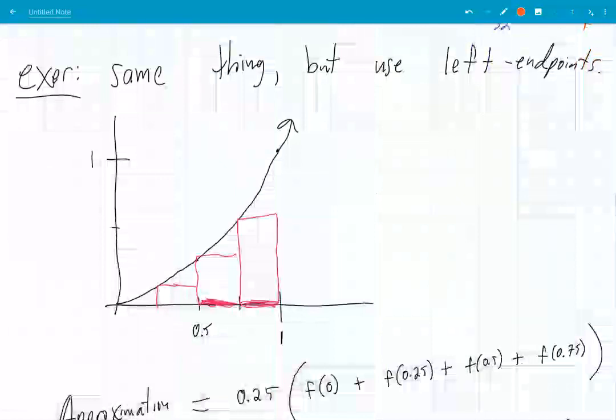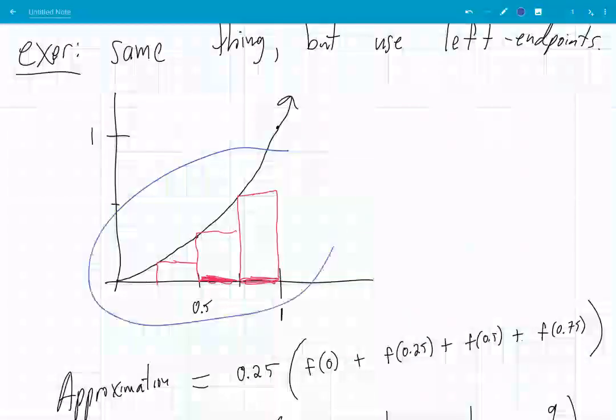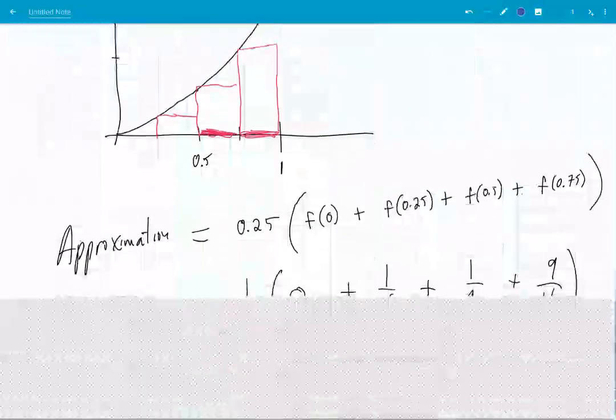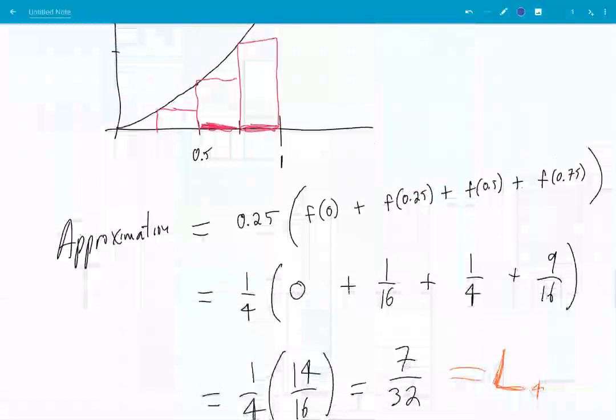But here's the idea. Focus on this diagram here and think about what happens when I take more and more rectangles. So 8 rectangles, then 16 rectangles, then 32 rectangles.